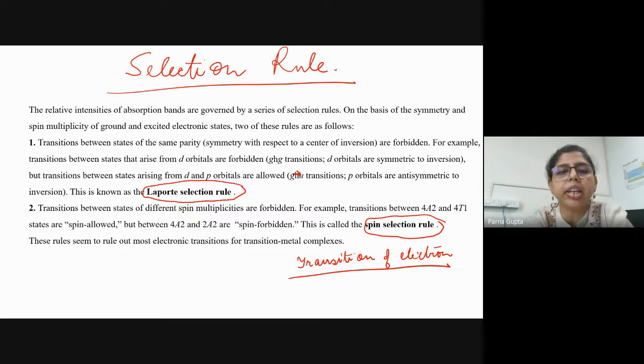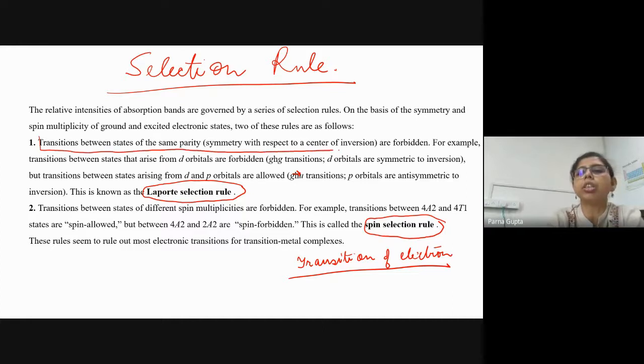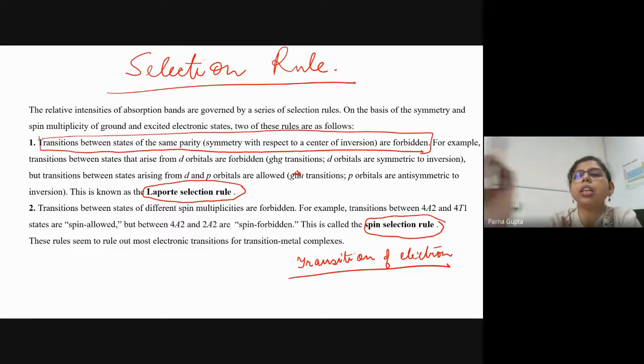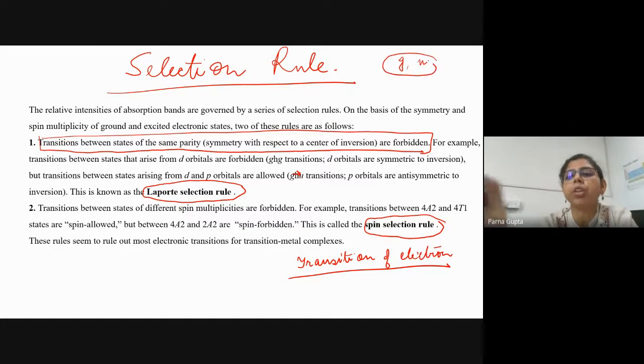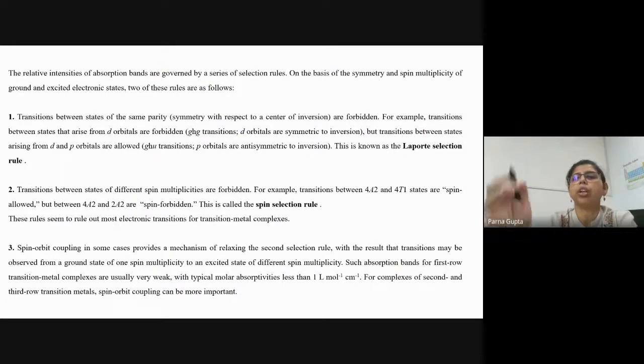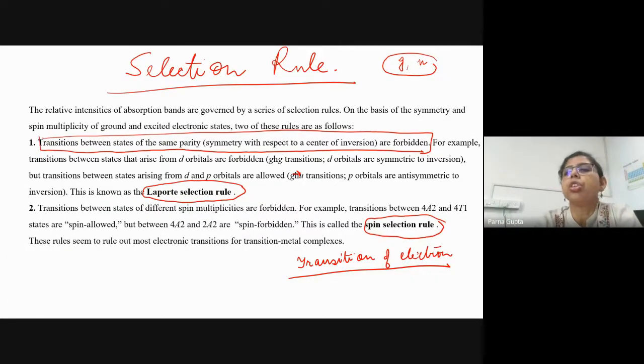In the Laporte selection rule, the important part is that transitions between states with the same parity are forbidden. So what is the parity? The parity is G and U, right? You know this.